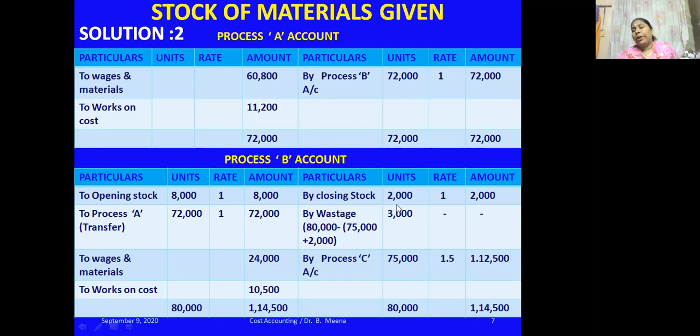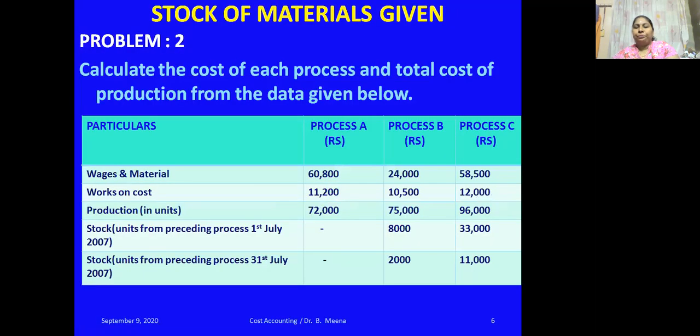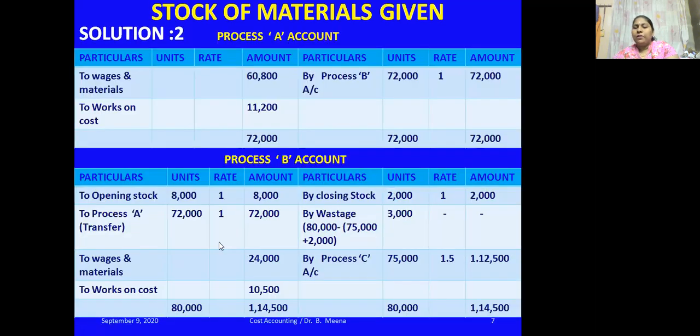What is the closing stock given in the problem? The closing stock for process B is 2,000 units. Since it is from the preceding process, for 2,000 units also I showed what rate? 1 rupee. So 2,000 rupees.